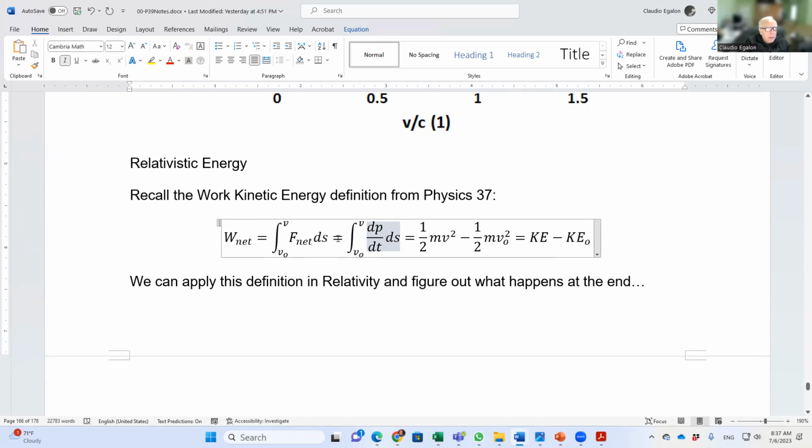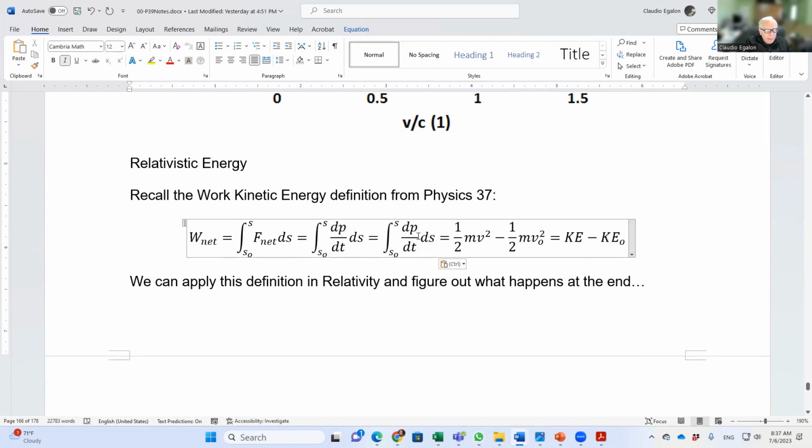By the way, we can go even a step further here. And I'm going to do the following. I'm going to start putting S naught to S here, since I'm already doing this integration. Okay. And now it's only now that I'm going to interchange the dt here.